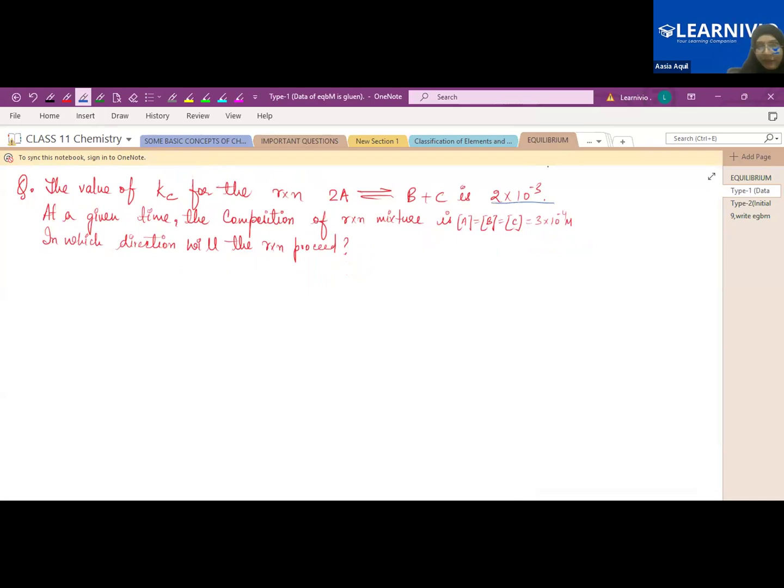At a given time, the composition of the reaction mixture is that the concentrations of A, B, and C are all the same, equal to 3 into 10 raised to the power minus 4 molar. In which direction will the reaction proceed?